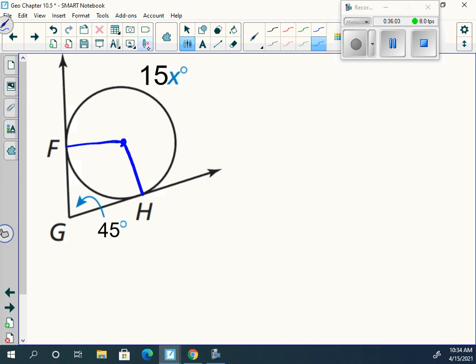360. So the side that has 15x plus whatever the arc FH is should add together to be 360 degrees, yes? Because an entire circle adds together to be 360. So we could take 15x plus whatever this is equal to 360. Because the space that's left, we can put in the measure of arc FH.